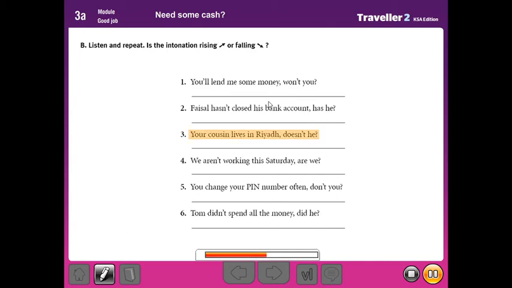Your cousin lives in Riyadh, doesn't he? 4. We aren't working this Saturday, are we? 5. You change your PIN number often, don't you? 6. Tom didn't spend all the money, did he?